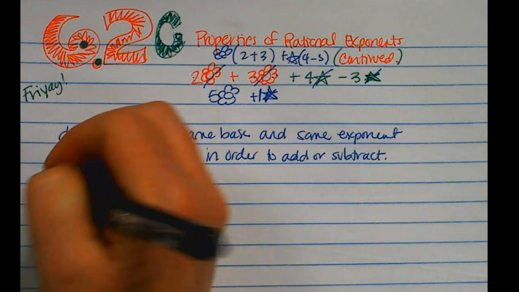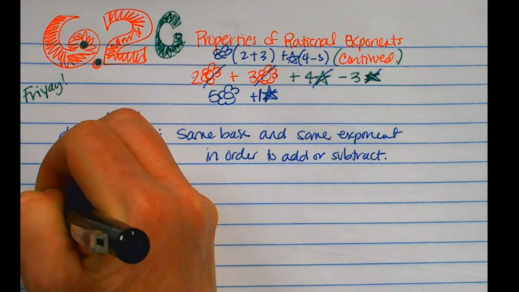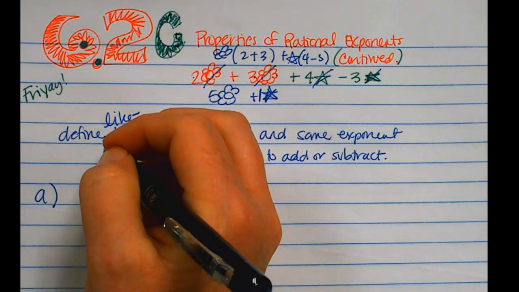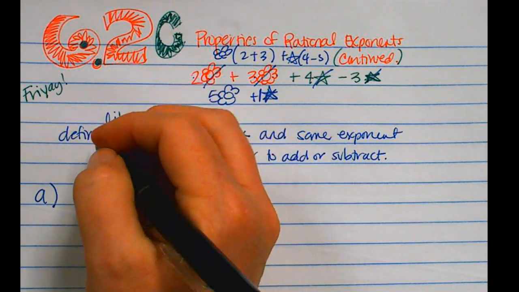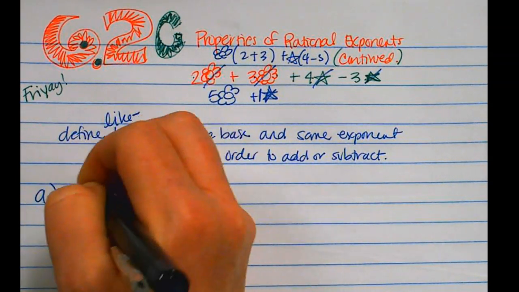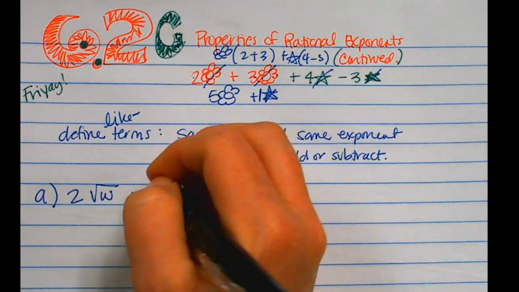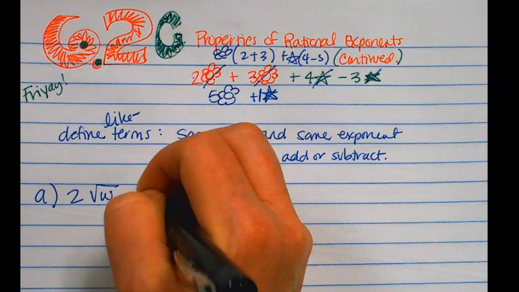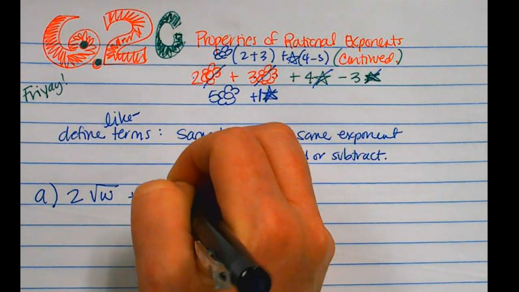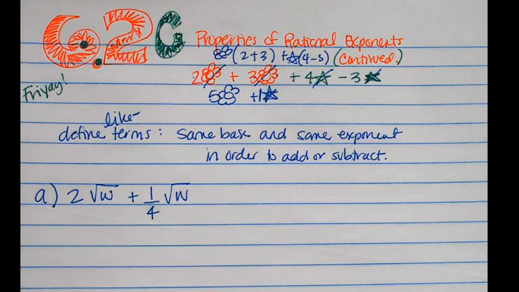So for example, first one up, I've got, we'll say something even simpler than what they have, 2 square root of w plus a 4th the square root of w. As you write that down, what I want you to recognize is that the 2 and the 1/4 are the coefficients.